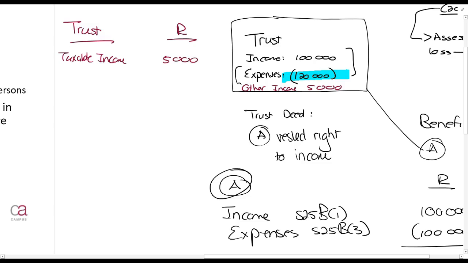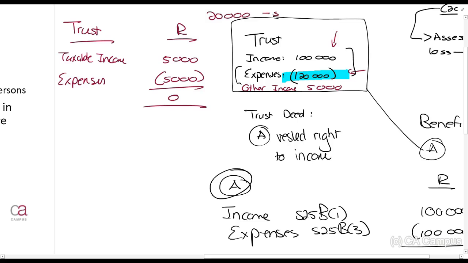They say that excess amount, remember, 100,000 income, 120,000 expenses, that 20,000 rands, you can take and reduce that 5,000 rands to nil. So you had 20,000 rands which you couldn't use, and you've used up 5,000 rands of that. So can you see? It goes from the trust to the beneficiary, back to the trust again.